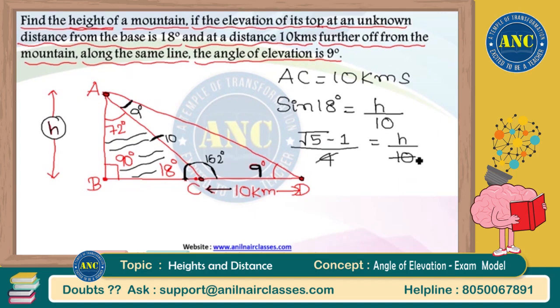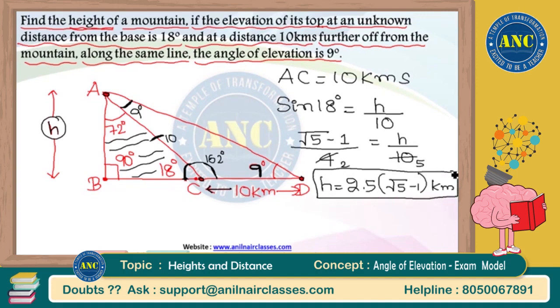This is 2 into 2, this is 2 into 5. Final answer: H is equal to, this 5 will go to the left-hand side, it becomes 5 by 2, or 2.5 times root 5 minus 1 kilometers, and that is what they are asking you in the question. Find the height of the mountain, which is represented as H.